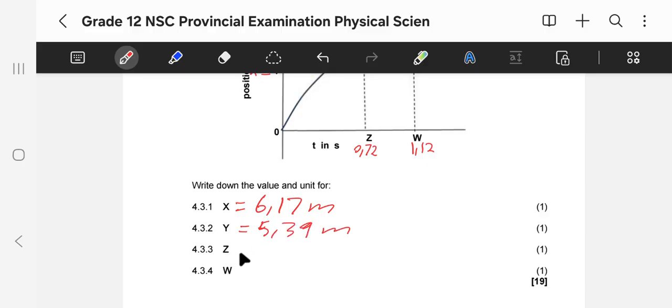What about Z? Z is the time after which ball B was thrown, and that time was 0,72 seconds. And then we have W, the time it took for ball A to reach maximum height, so it's going to be 1,12 seconds. And guys, that's how we answer this question.